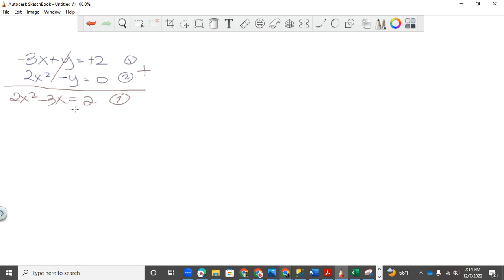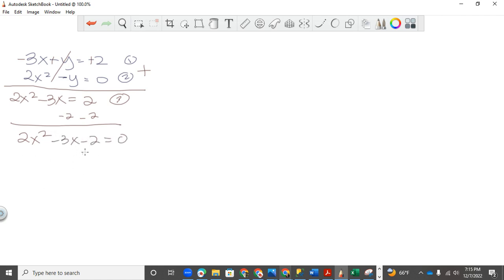To solve a quadratic equation, it needs to be in terms of 0, so we need to set this to 0. I'm going to subtract 2 from both sides. Now I have 2x squared minus 3x minus 2 equals 0.